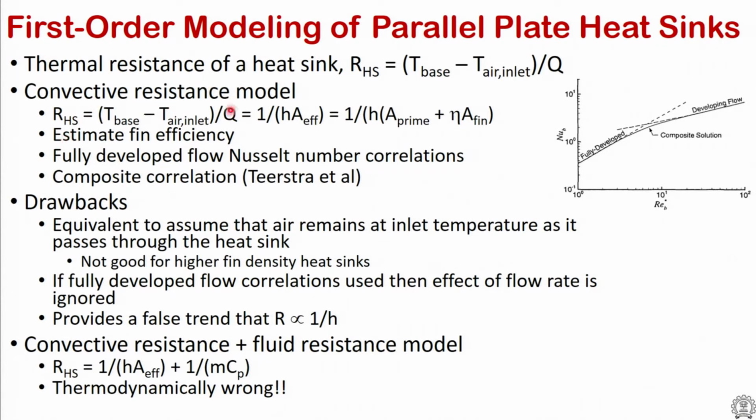The first one is the so-called convective resistance model, where typically what is used is 1 divided by the heat transfer coefficient times effective area, that is, the surface fin efficiency is accounted for. And this model works only when the fins are far apart. When the fins are spaced far apart, that's when these models work.